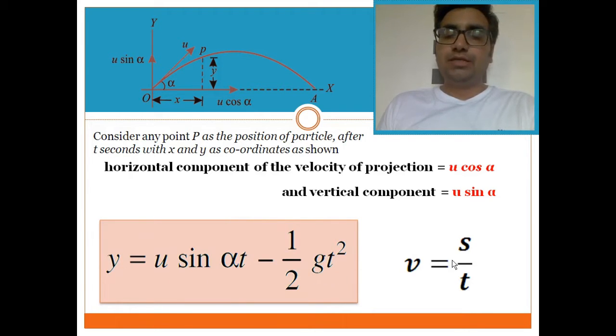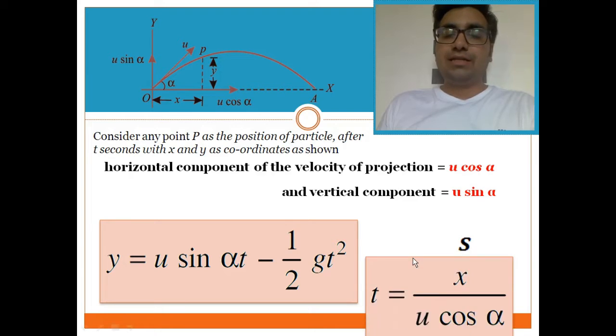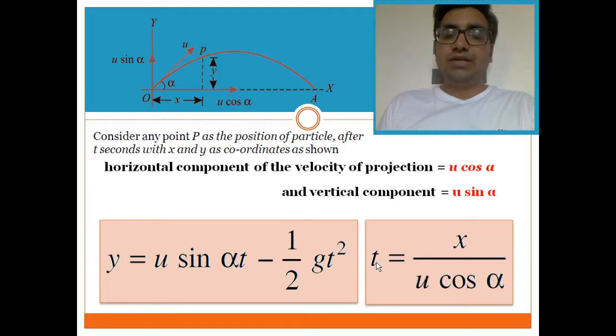Now substituting in the formula v equals s by t for the horizontal motion, the horizontal velocity is u cos alpha, time taken is t, and the displacement for motion O to P is x. So we get the formula and we convert it in the form of time. So time becomes x upon u cos alpha.